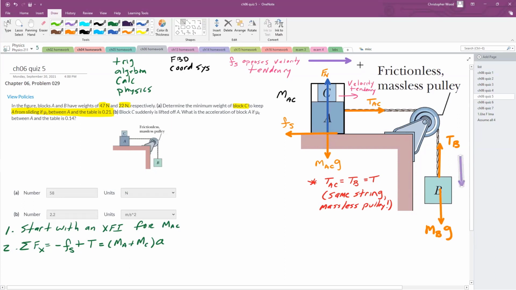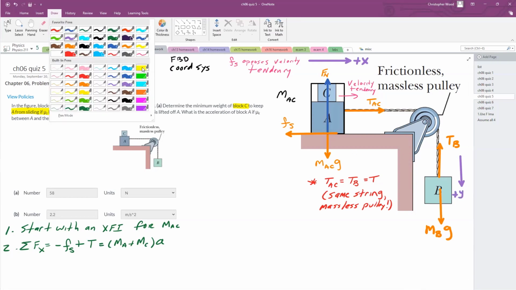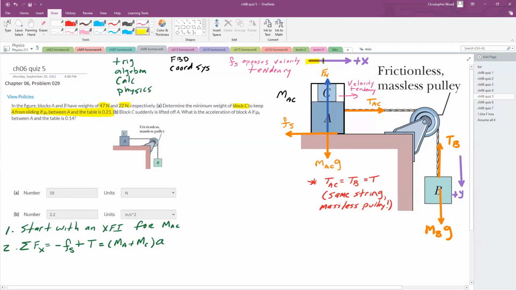So if I'm calling this plus X for MAC, I have to call this plus Y, because I need flow. I need flow between these coordinate systems. So X needs to keep flowing all the way to Y. That's the flow I'm talking about. Let me draw that again.